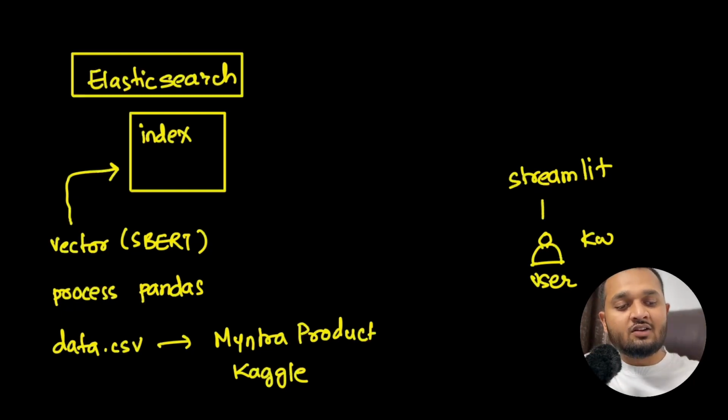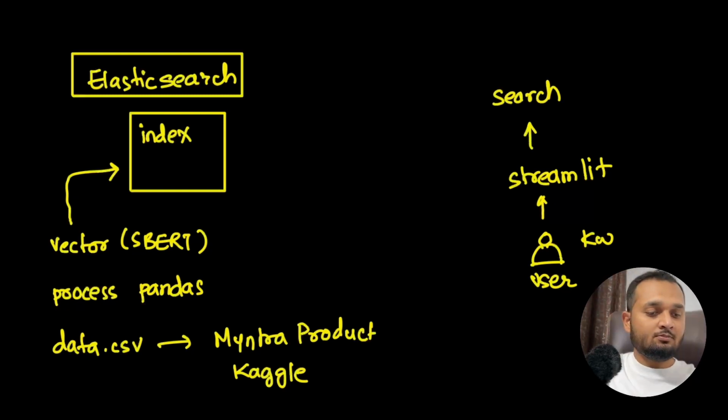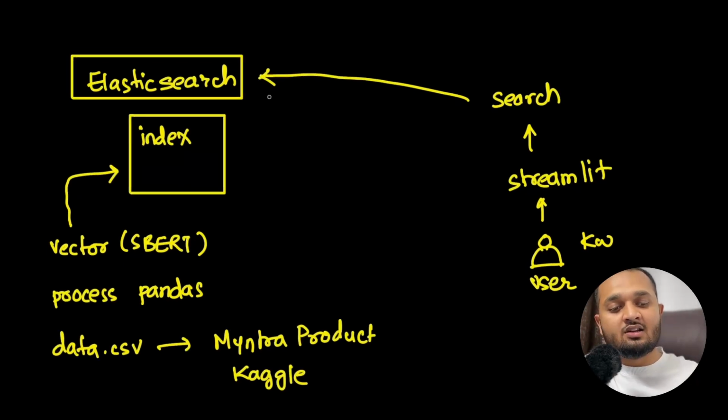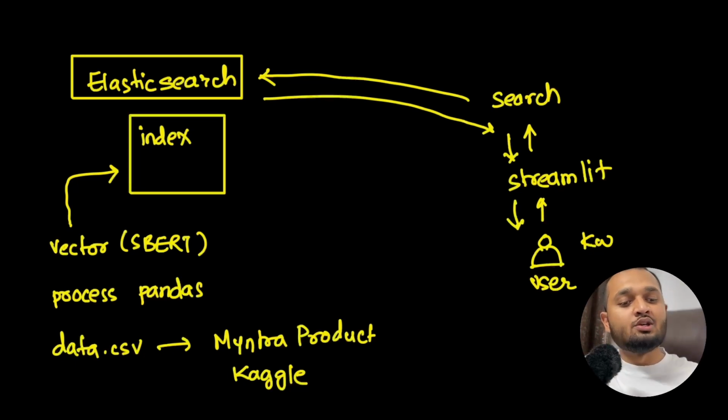The user will interact with this UI and we'll write a search function inside it. The keyword will go into the Streamlit UI, then into the search function, and then the search function will talk to Elasticsearch. Elasticsearch will give relevant results, and then the relevant results will be shown on the UI to the user.